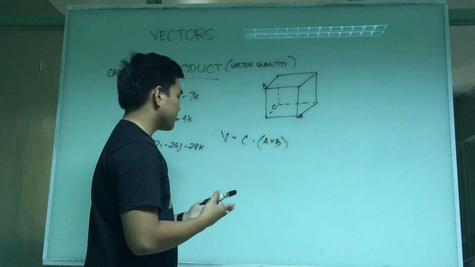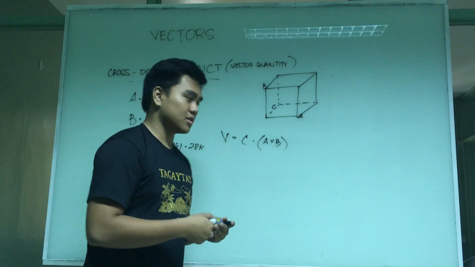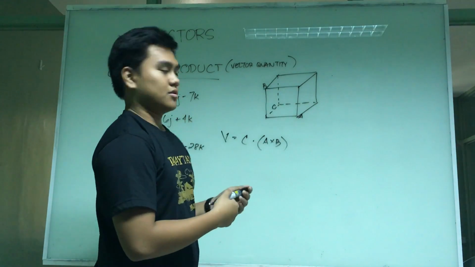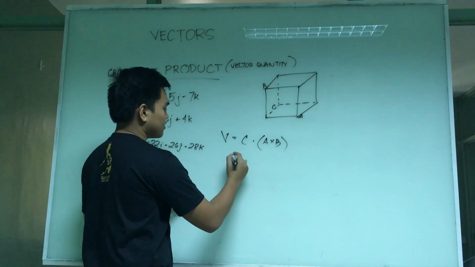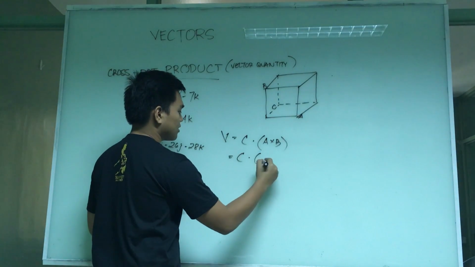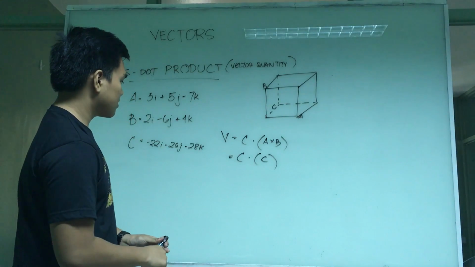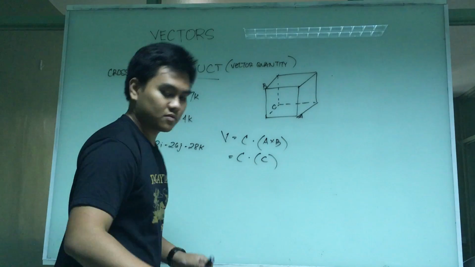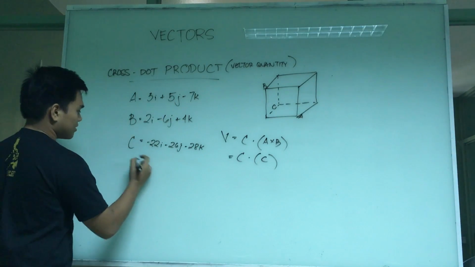So we're going to have C dot C, and finding the value of C dot C will give the volume of this figure. So let's find the dot product of C dot C.